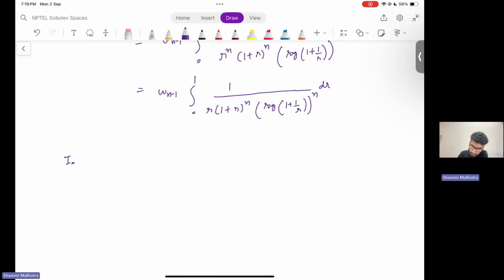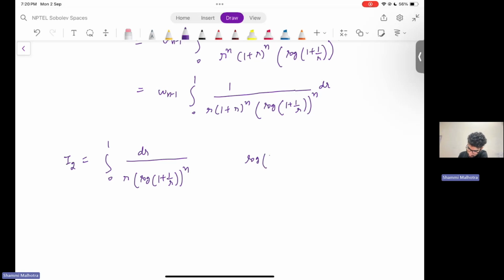If I consider I2 from 0 to 1, it's enough to check dr, r log of 1 upon 1 plus r whole square of n. This integral is finite whenever r times log whole square of n has n power greater than 1, so that is finite.